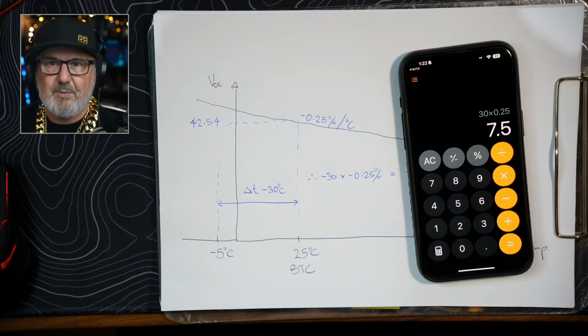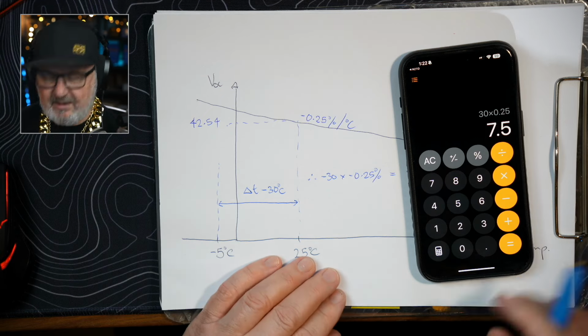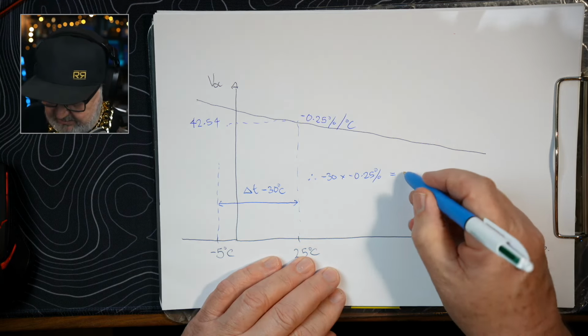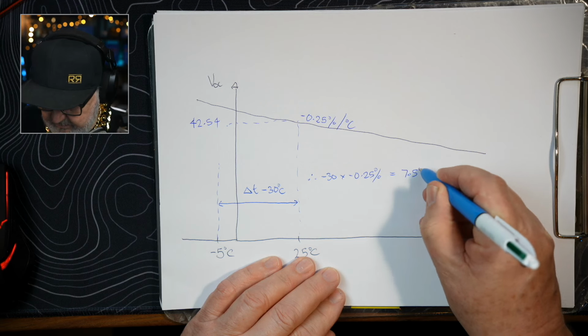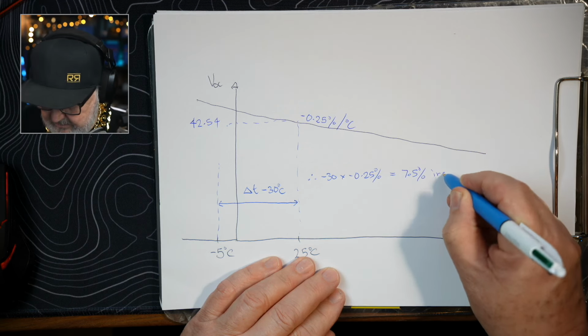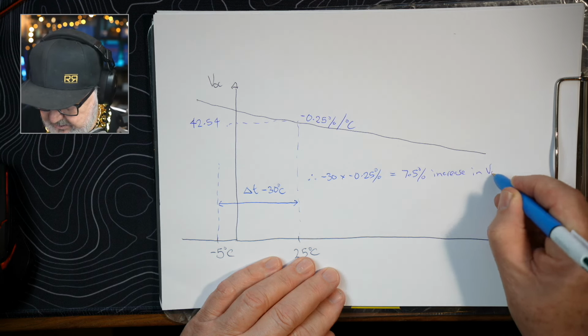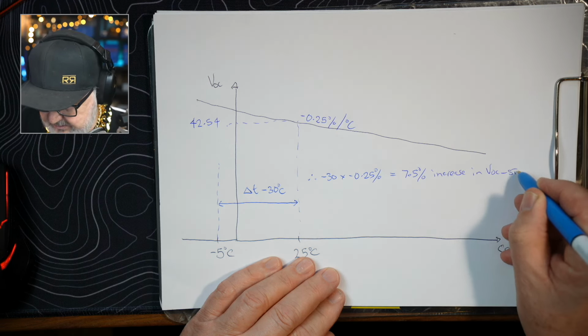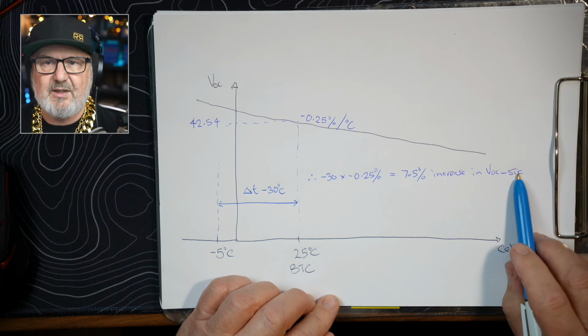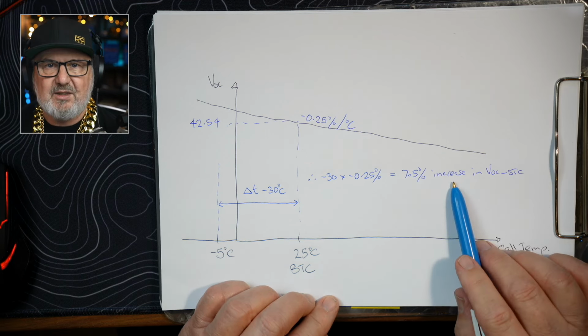And you know the answer is positive. So it's a 7.5% increase in voltage open circuit from standard test conditions. We put a little STC to remind us we're adding it to the standard test conditions.